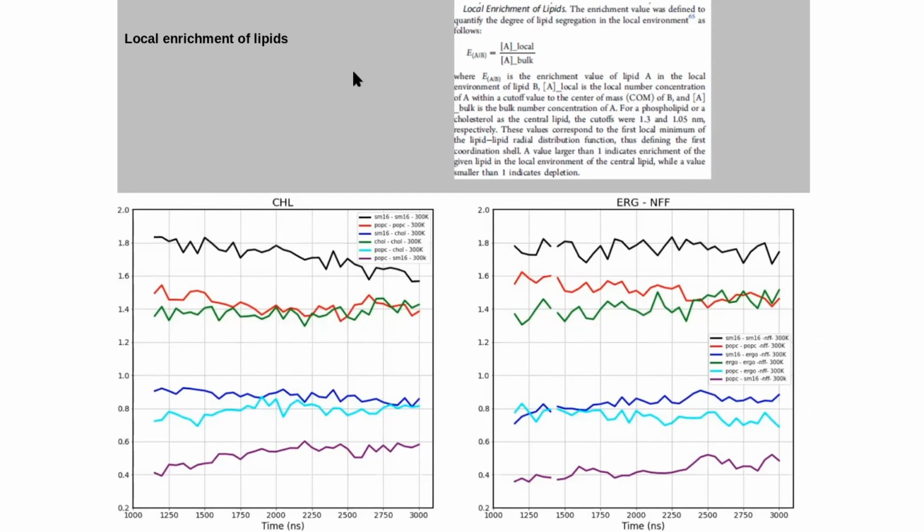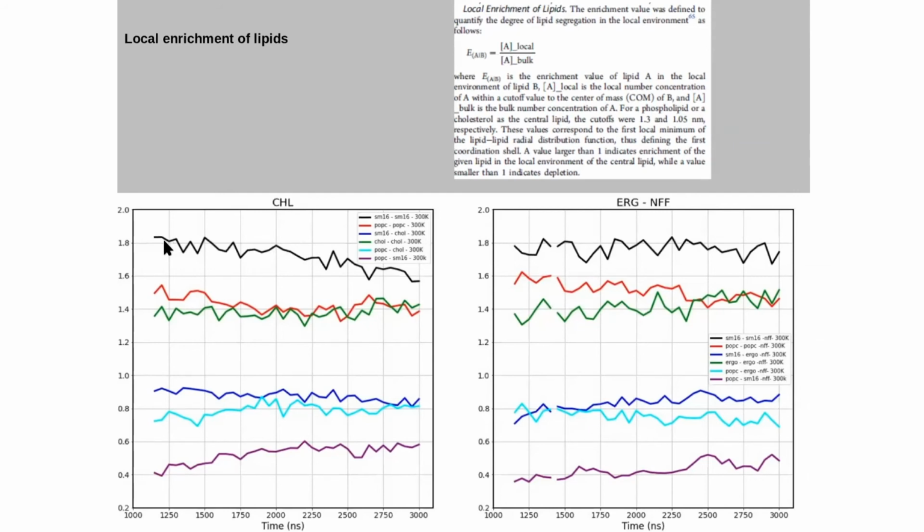So they can be by themselves. For instance, this black line is sphingomyelin in the presence of cholesterol. And we see that as time moves on, and here we have 3 microseconds, the sphingomyelin in the presence of cholesterol was quite enriched, because obviously we constructed it like that.